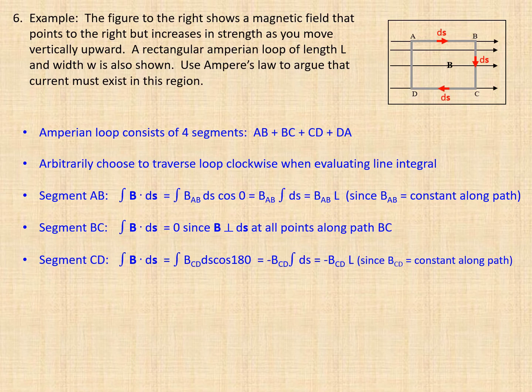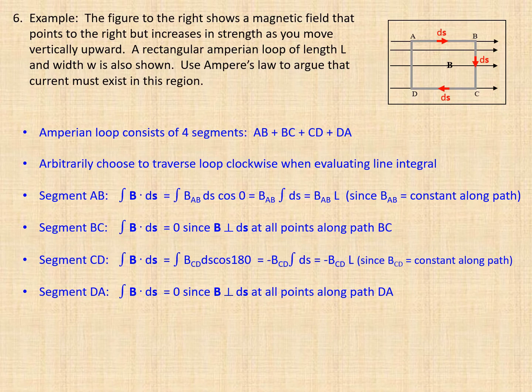Once again, B is constant over this path and can be taken outside of the integral. The line integral takes the value minus B sub CD times L for this portion of the closed loop. And for segment DA, the magnetic field is once again perpendicular to ds for the entire path, giving us a 0 value for the line integral.